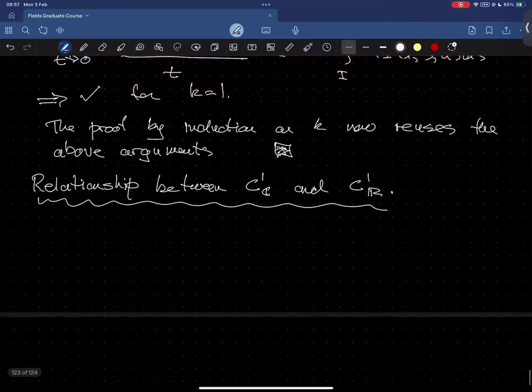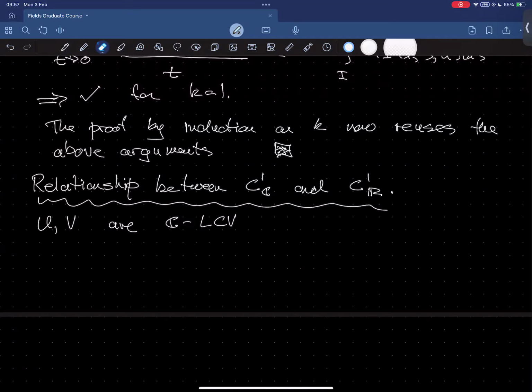Okay. So what's the setup going to be? U and V are complex locally convex vector spaces.